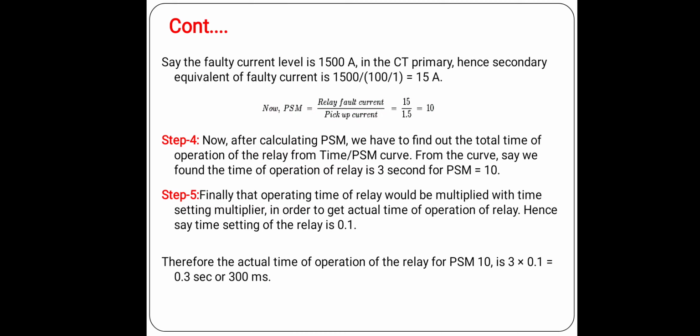Here I am simply assuming that at PSM equal to 10 the operation time will be 3 seconds. So the fourth step is to find the total time of operation.